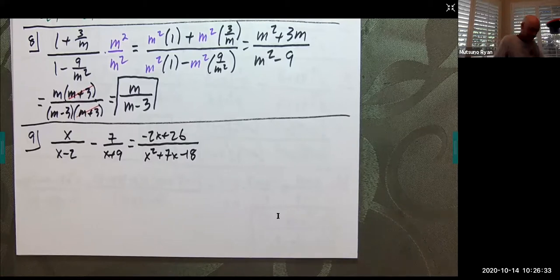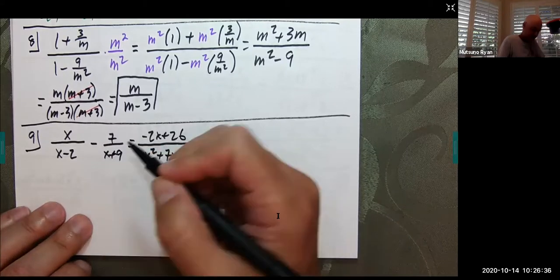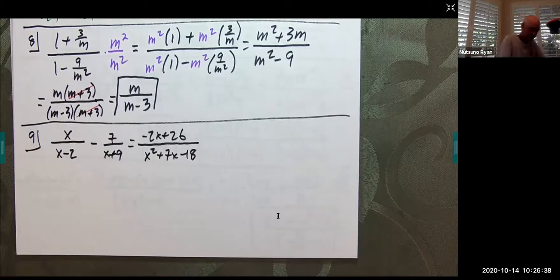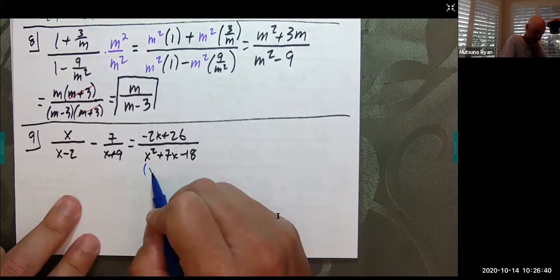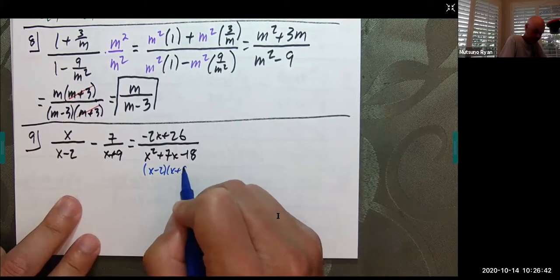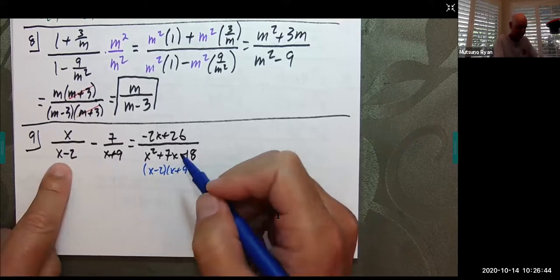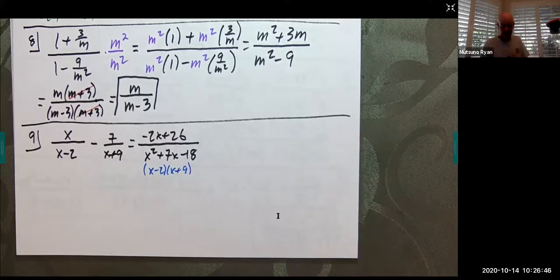And I'm going to note, that's x plus 9 down there, that this actually factors into these two here, which textbook problems tend to do. So that is what I'm going to multiply by.